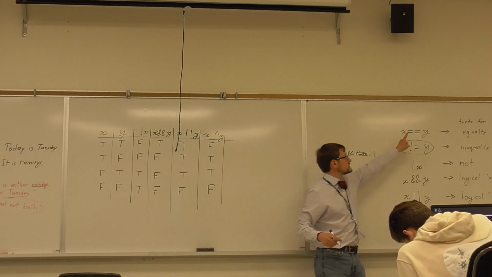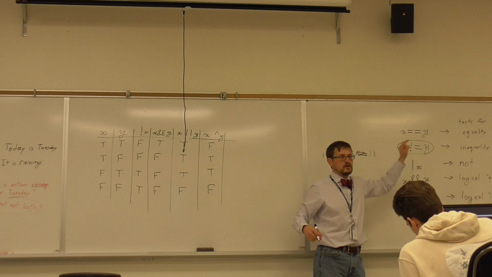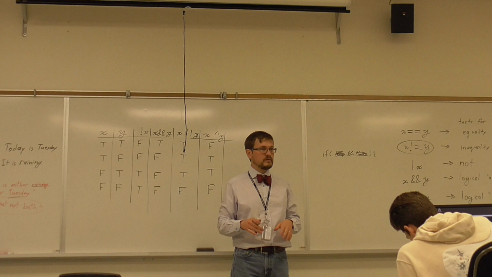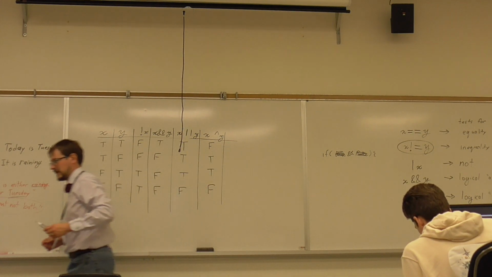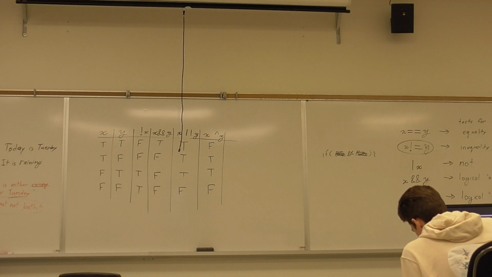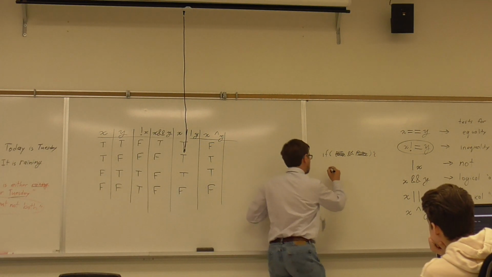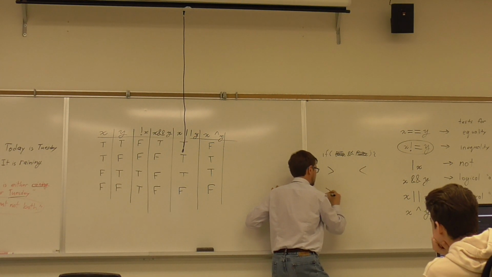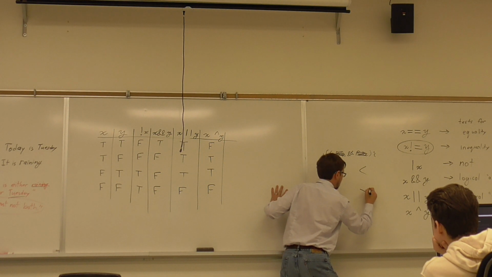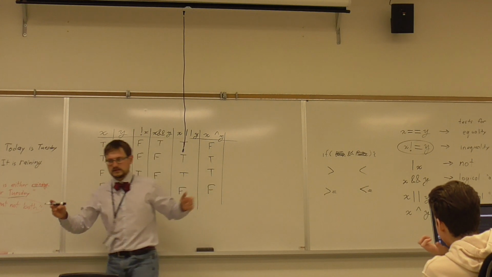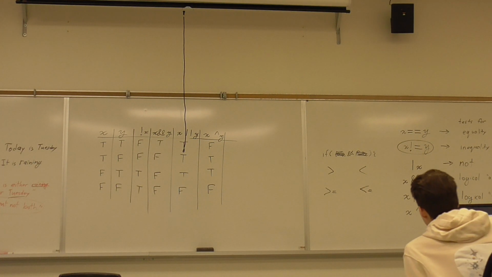We have talked about equality and inequality, but there are a few others that we should go over before we run out of time. Greater than, less than, greater than or equals, and less than or equals. They do what they say on the box.